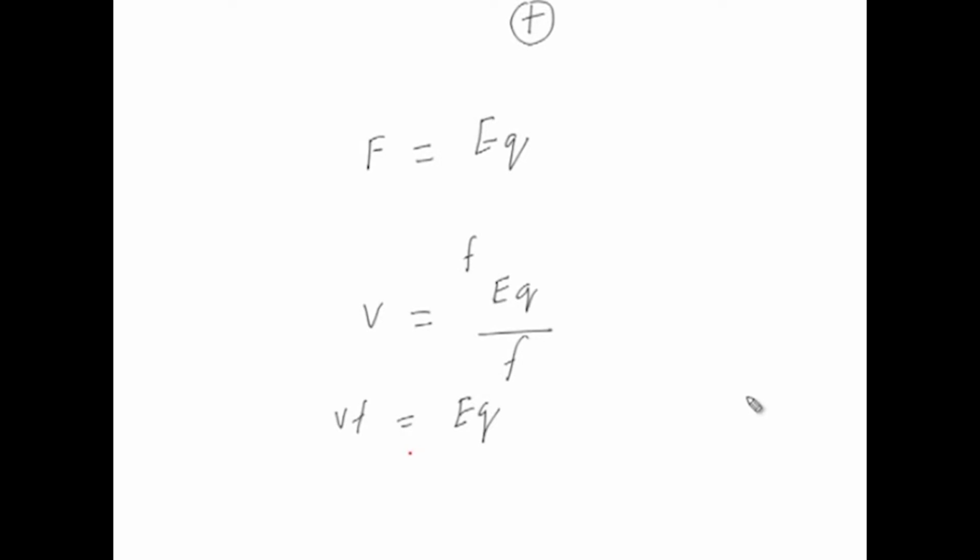There is another, more popular term used, which is electrophoretic mobility. Electrophoretic mobility is given by velocity per unit field, or you can say that it is q upon frictional force. That is the electrophoretic mobility, which is more commonly used.